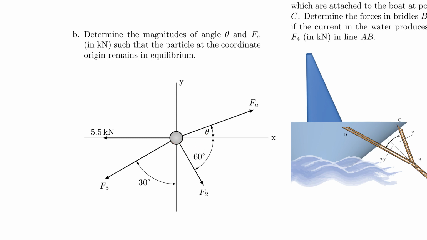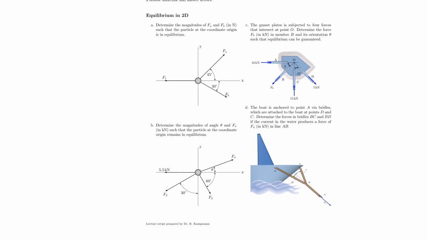Now, it may be the case that some students have such a strange F2 relative to F3 that this problem cannot be solved, although this would be very, very unlikely. But there may be one or two students who cannot do that based on their variables. If that happens to you, then you, of course, have to show and explain why that is the case. But I believe that this, for 99% of the students, should be solvable. Let's take a look at the next one.